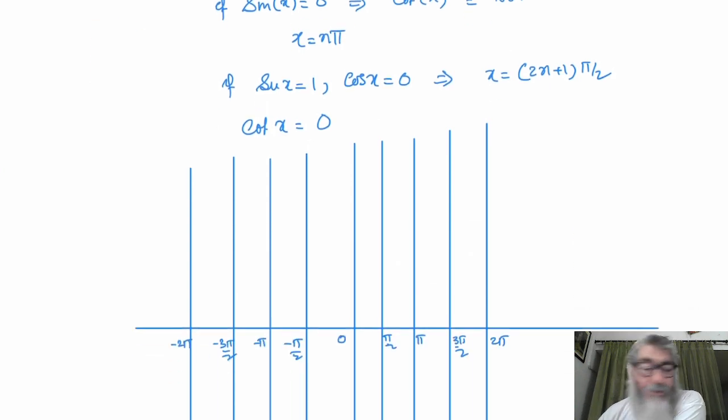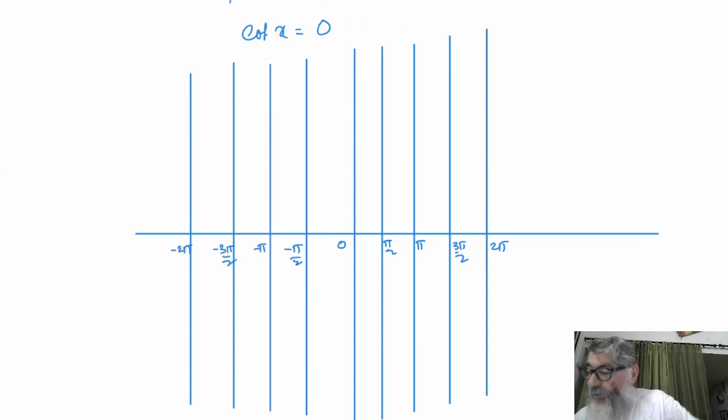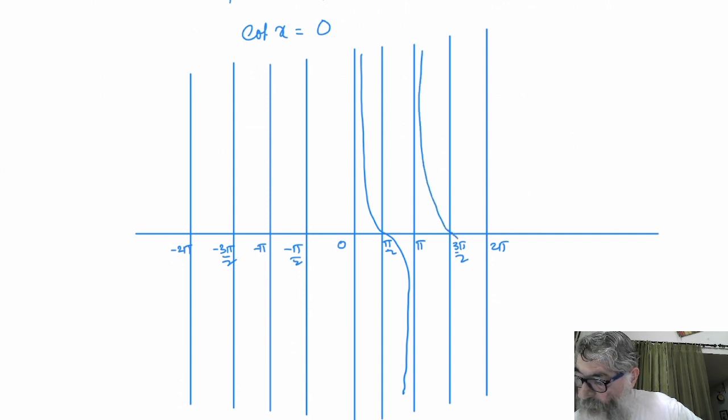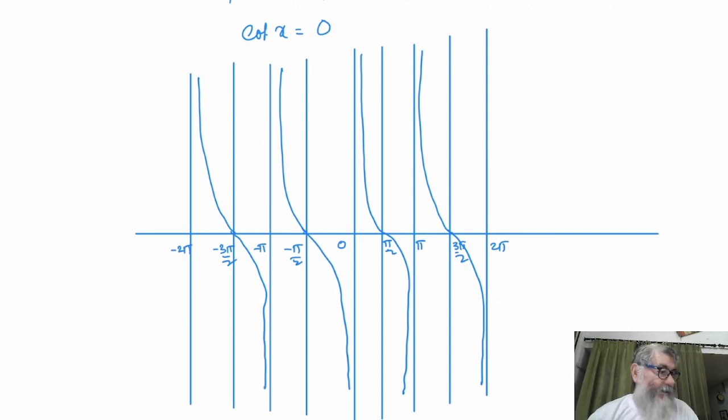That means at pi it is not defined, and at 0 it is not defined. The curve is something like this.